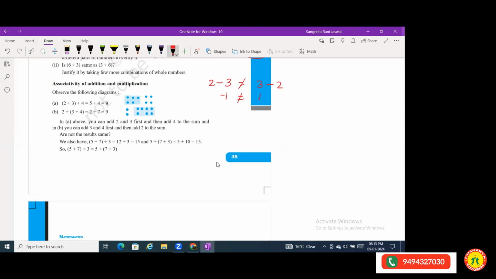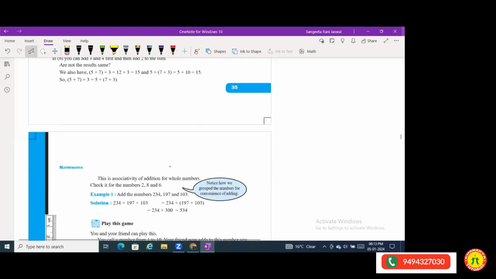If I change the group, 2 plus the bracket of 3 plus 4, I get 2 plus 7, which also gives 9. So associativity is proved for addition, and it's true for multiplication also.